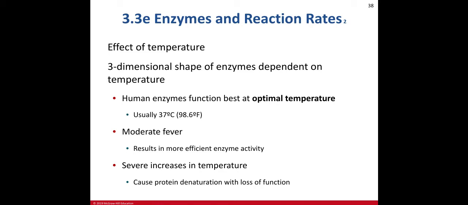A low grade fever can speed up chemical processes. But if we increase the temperature too much, like we have a high fever for a long period of time, that's going to denature the enzyme and then we lose its function. And we know from our previous chapter, once you denature the protein, it doesn't regain its shape, it's lost. So that can be very serious, resulting in very serious illness and even death in a human when we lose our enzyme function.